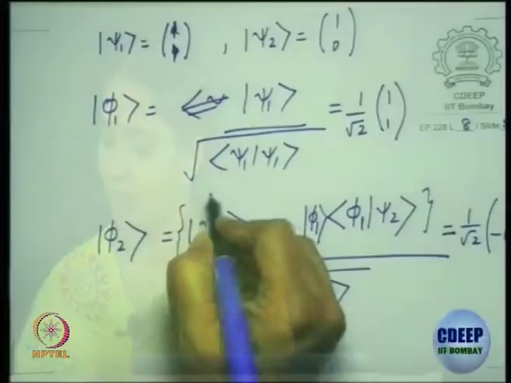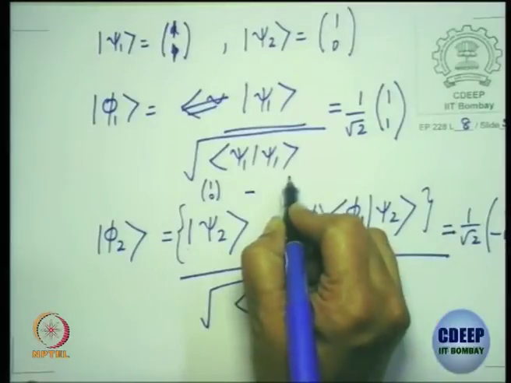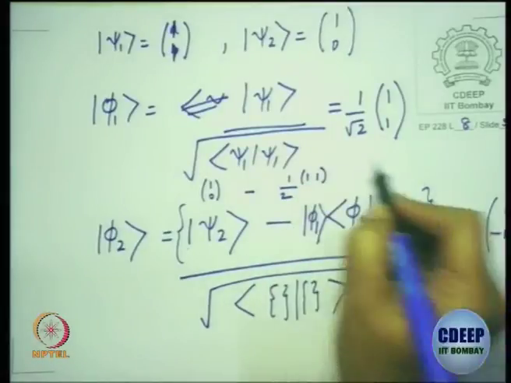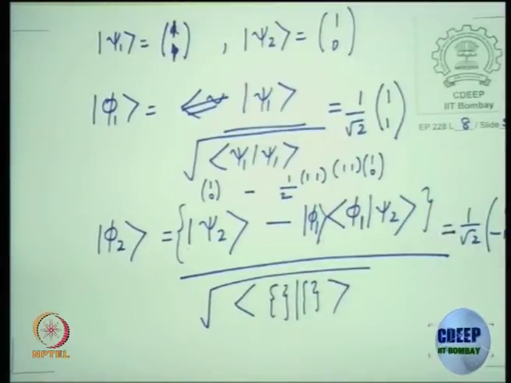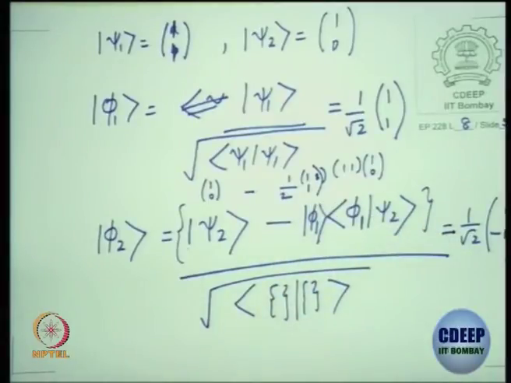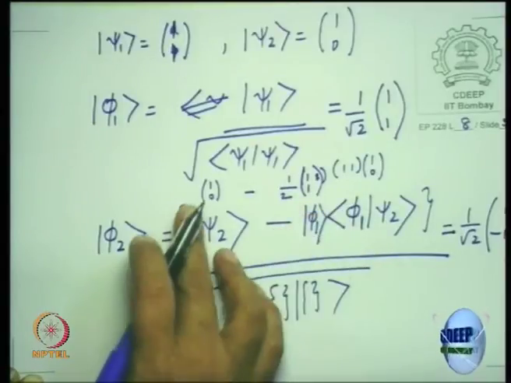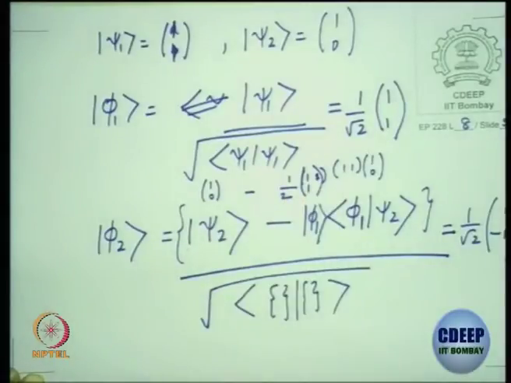This will be 1 0 minus 1 by 2 1 1 1 1 with 1 0, right, sorry, 1 1 and then 1 1 with 1 0, is that right? What happens? That is 1 and this is 1 by 1, so you will have 1 by 2 and a minus 1 by 2, right?